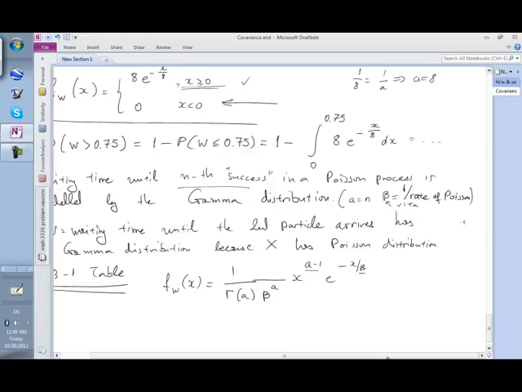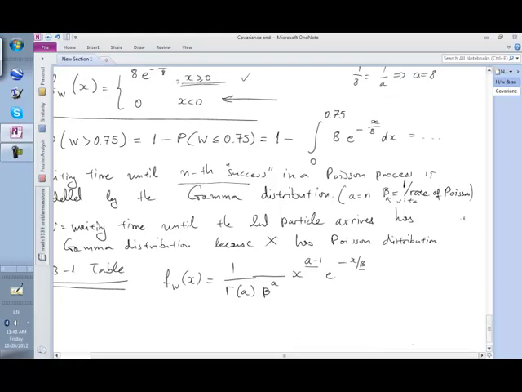Here my rate of the Poisson is exactly equal to 8 particles per second. This is something we calculated before. So in my example, since I'm waiting until the second arrival, alpha should be equal to 2, and beta will be 1/8 of a second.